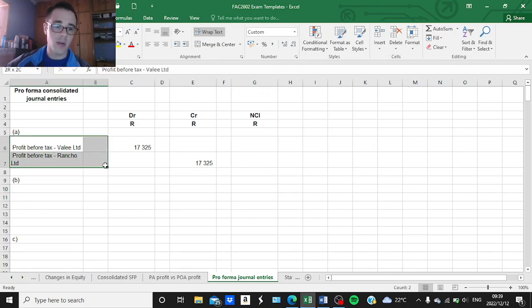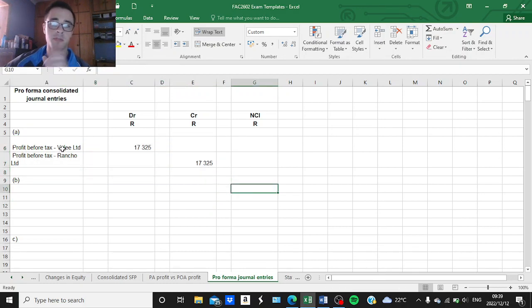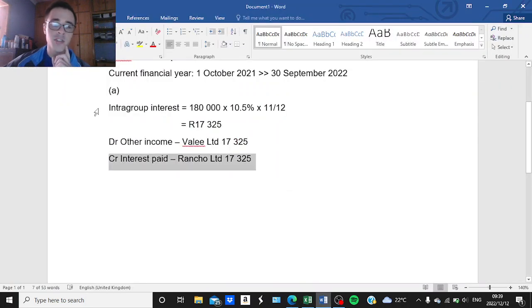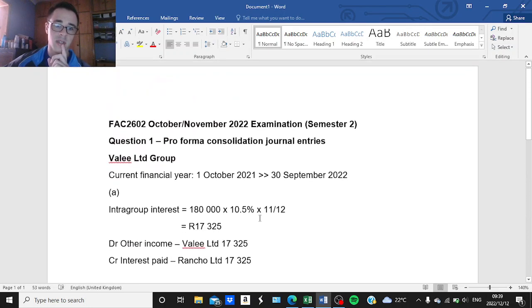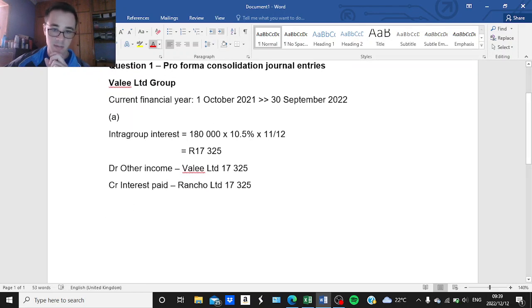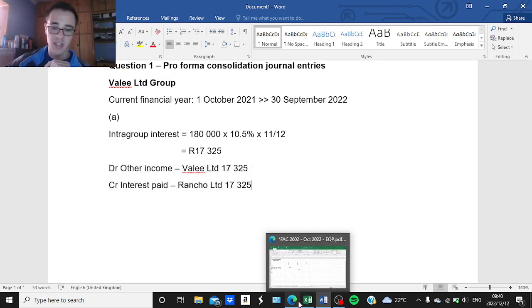So this is how it should look in terms of this question, and also in respect of the amounts given. But if they have shown the income and expense items separately, you would have debited other income for Value Limited, and you would have credited interest paid for Rancho Limited. So please make sure that you understand how this journal entry works by listening carefully to that explanation that I've just given.